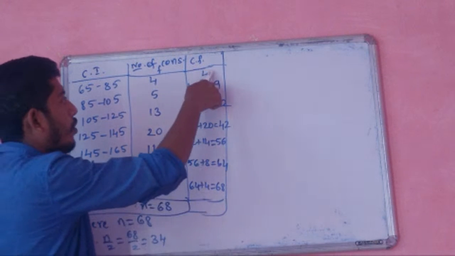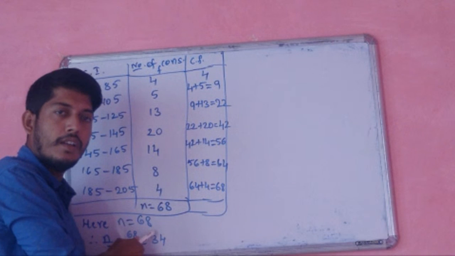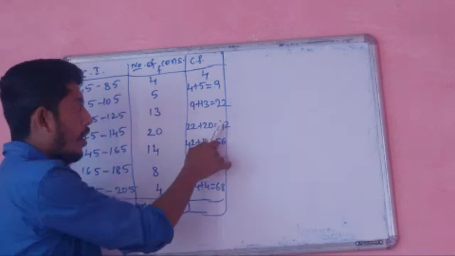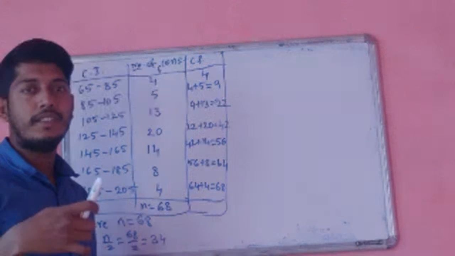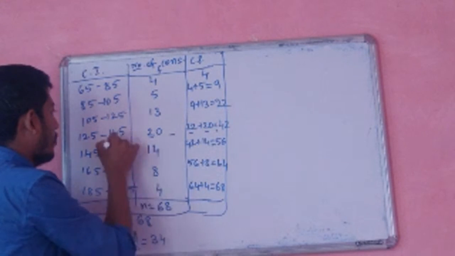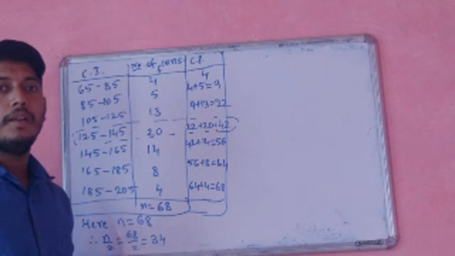Which is that value? 4 is less. 9, 22. 22 is near to 34, but that is behind 34. Therefore, no need to use. Then 42. 42 is close to 34 and greater than 34. So that's why this is the median class.